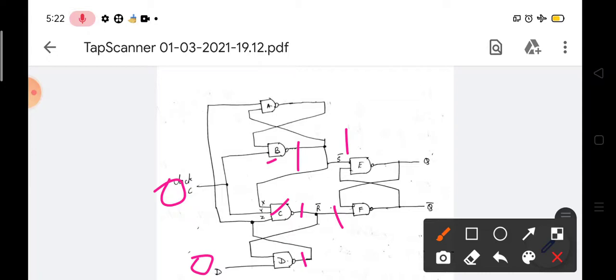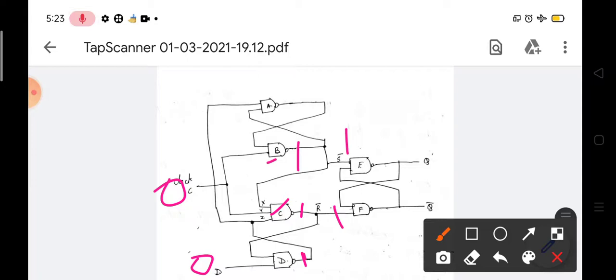Since S bar is equal to 1, the output of gate D is at 1.